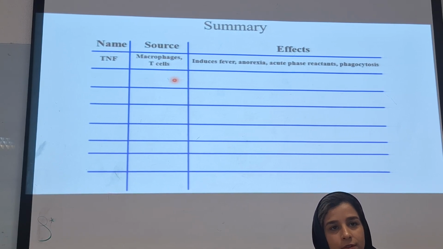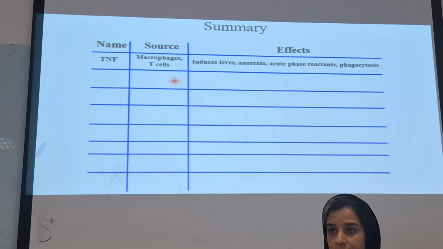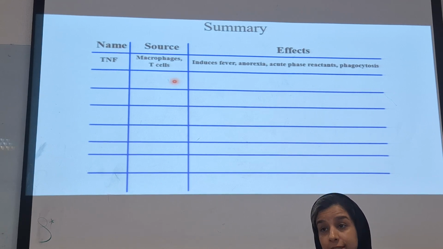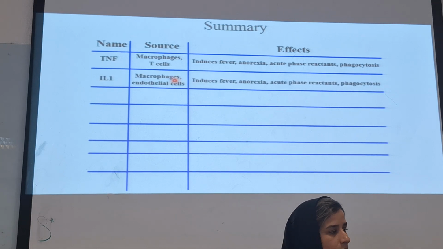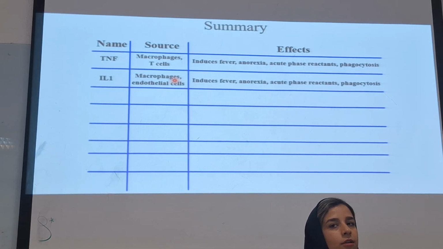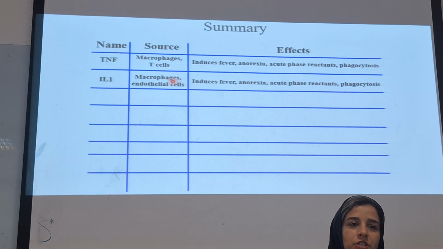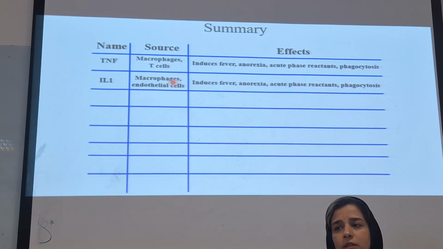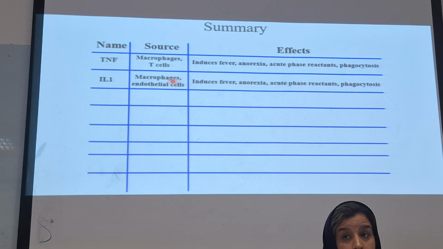acute phase, sickness behavior, CRP production, endothelial biosynthesis, and phagocytosis. And interleukin-1 is produced by macrophages and endothelial cells, and these cells are the most important cells for us.